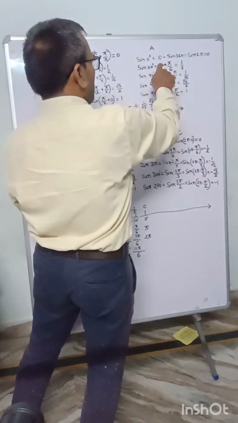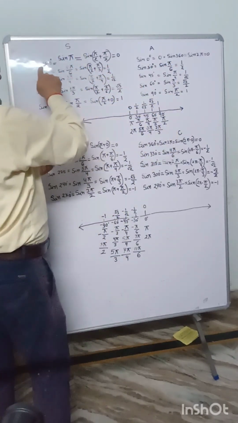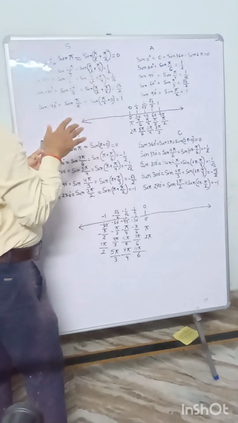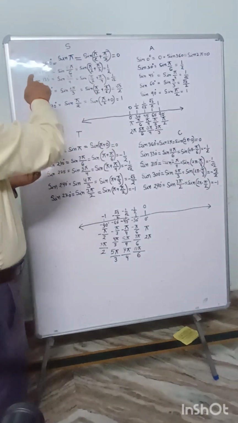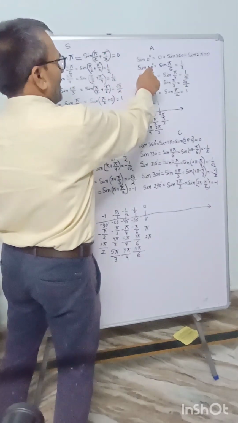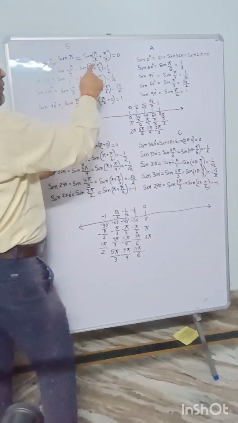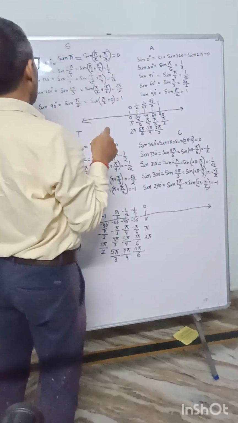Both values of sine 360 and 180 are 0. In the same way, we see sine 150 value equal to sine 30 equal to sine pi by 6, that is 1 by 2.